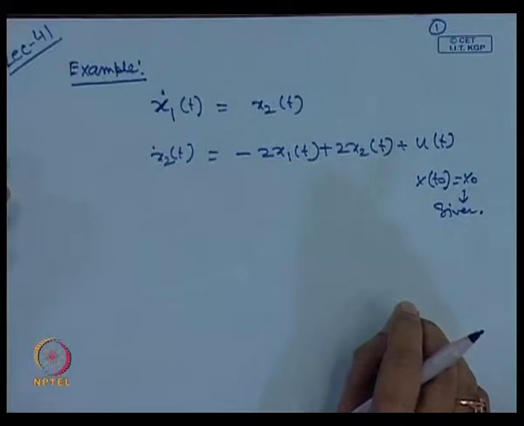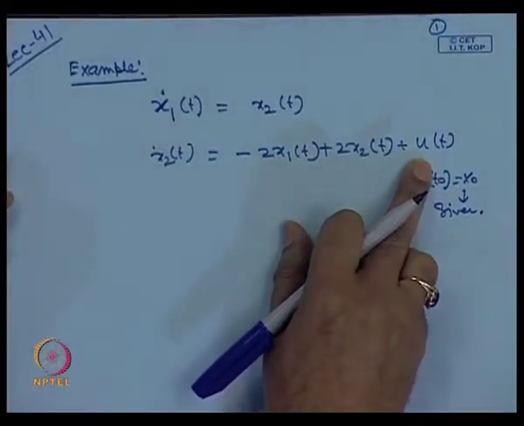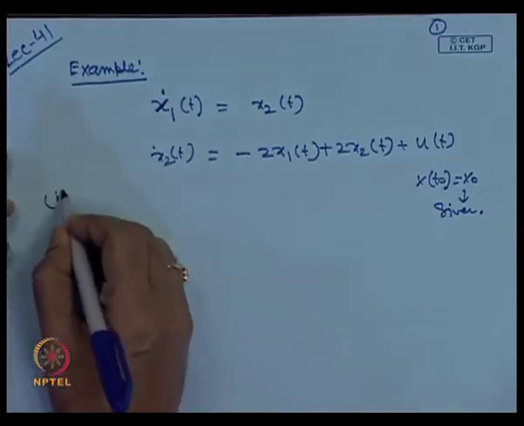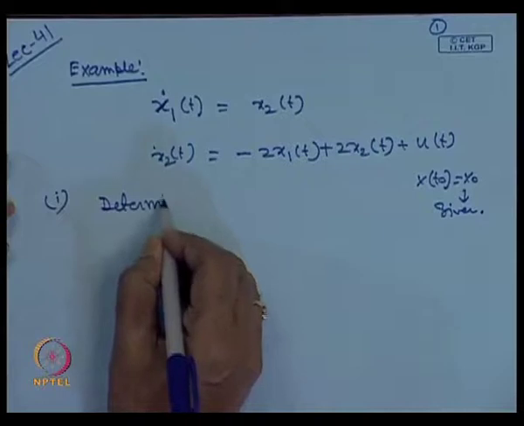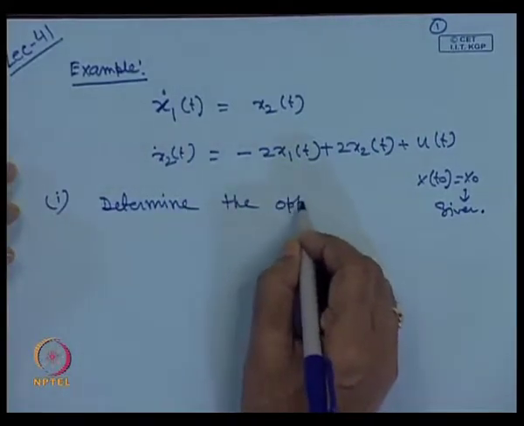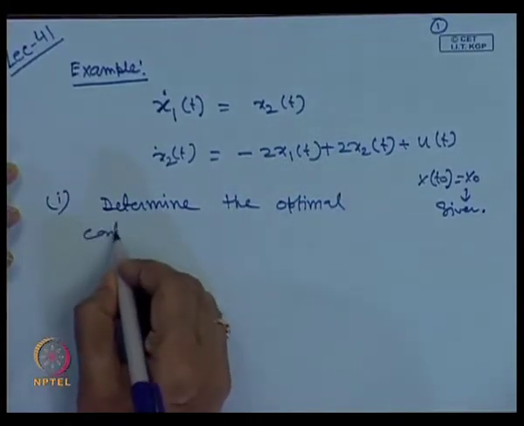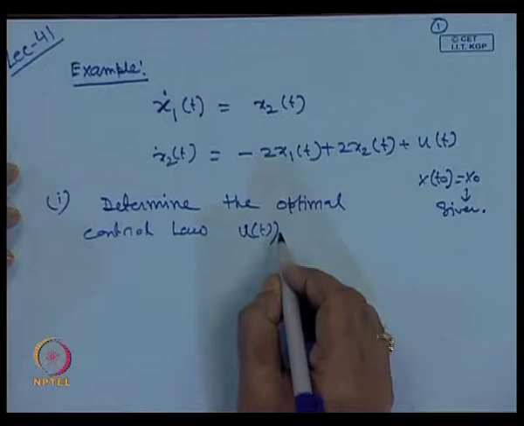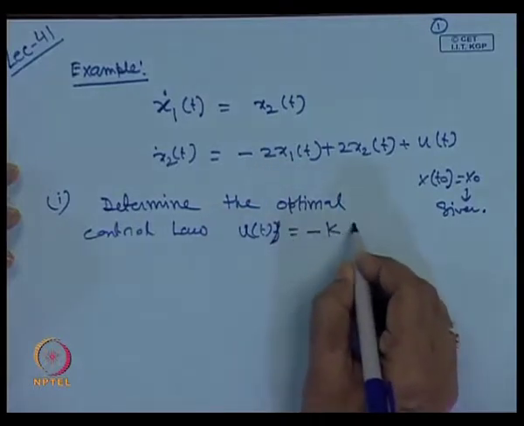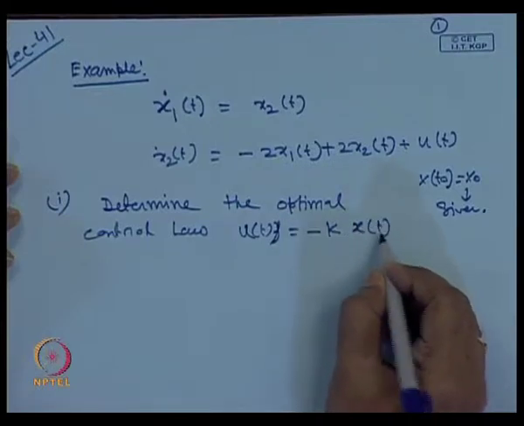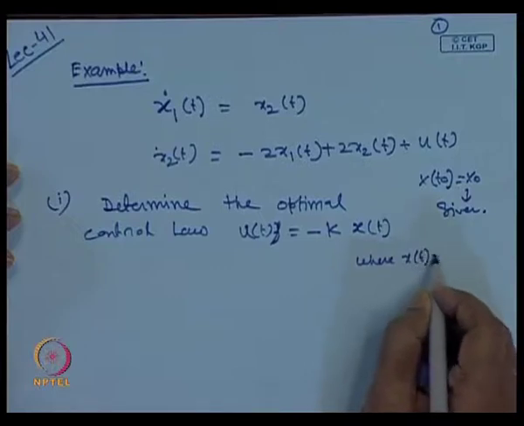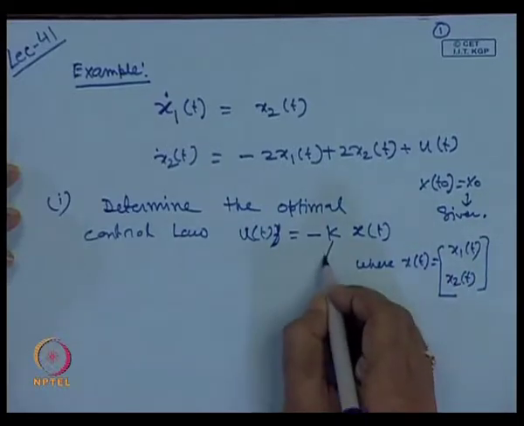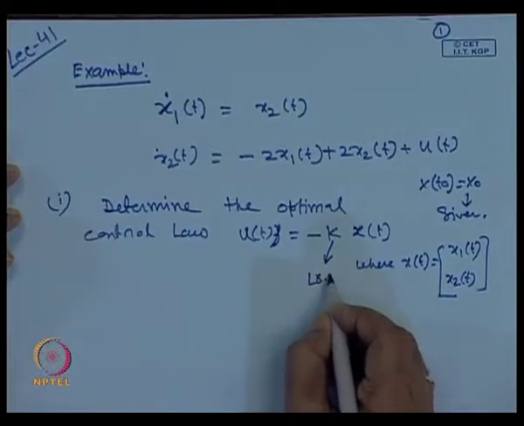If you recollect our infinite time regulator problem, our problem is to determine the control law u such that this quadratic performance index is minimized. First, you determine the optimal control law, small u of t because it is a scalar input, u of t is equal to minus K into x of t, where x of t is x1 of t, x2 of t, and K is the LQR controller gain.